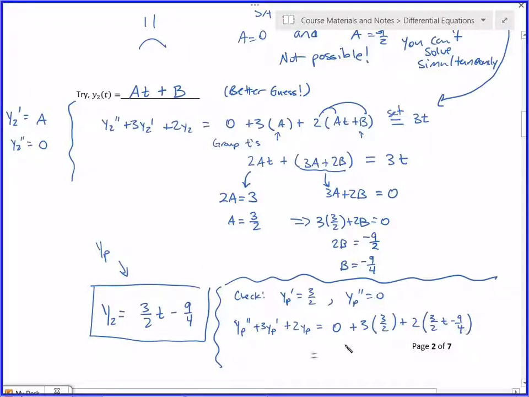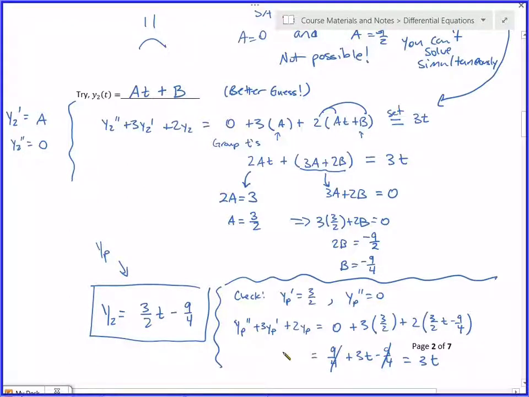That gives me 9/4 plus 3t minus 9/4, which gives me 3t. Just confirming that this process found a linear function that when I plug it in the left-hand side, I get the 3t out on the right-hand side.